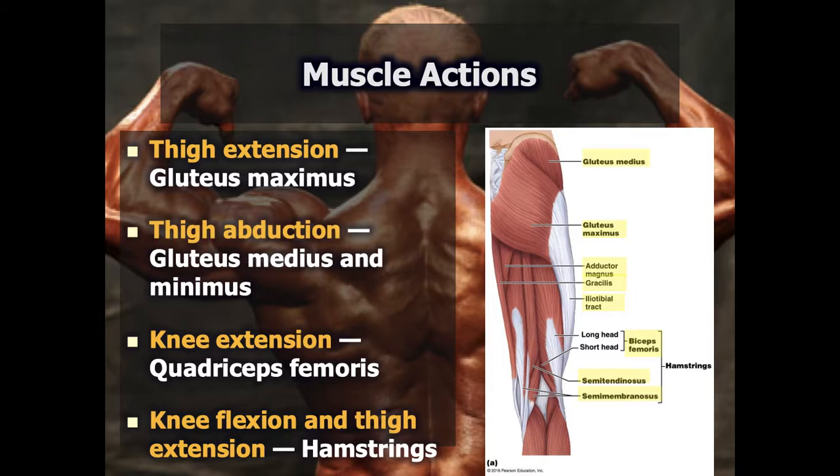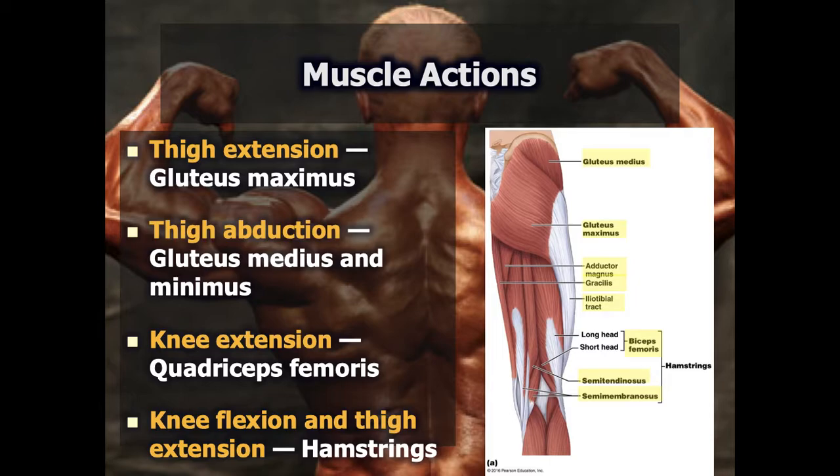Okay, so thigh extension. You're going to be, remember, pushing your leg back when you extend. Okay, what contracts when you push your leg back? Your butt, right? Okay, I wouldn't make you all stand up and do it, but it's okay, you can do it later. Okay, but thigh extension is gonna be your gluteus maximus. That has to contract, pull your leg up.